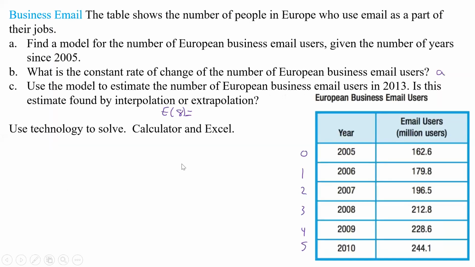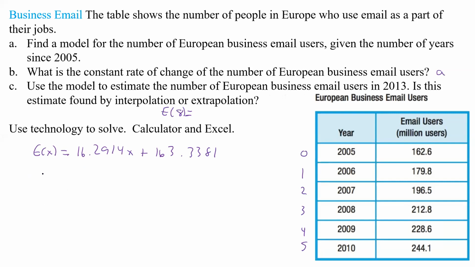And so now we can just write it here. Let's write our equation down. E of x we said was equal to 16.2914x plus 163.3381.